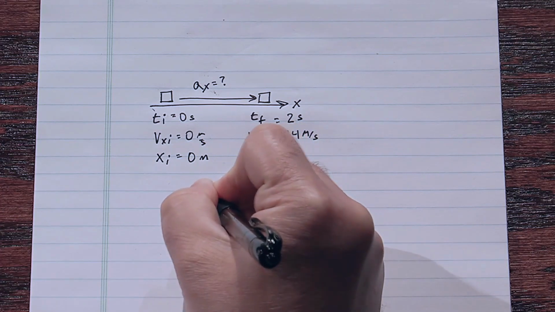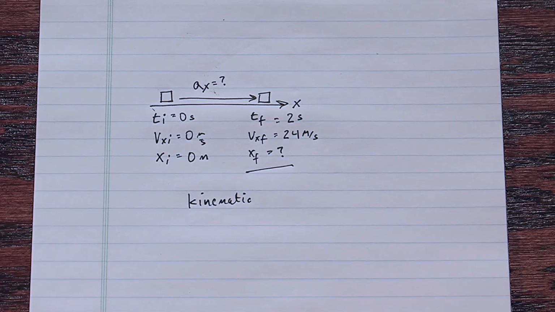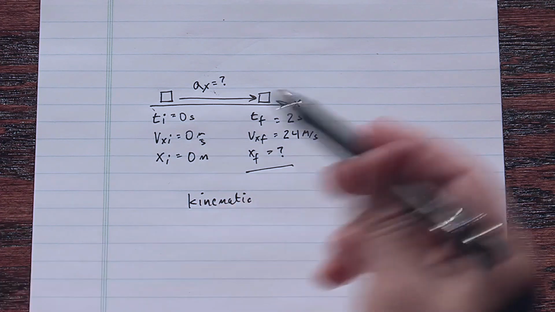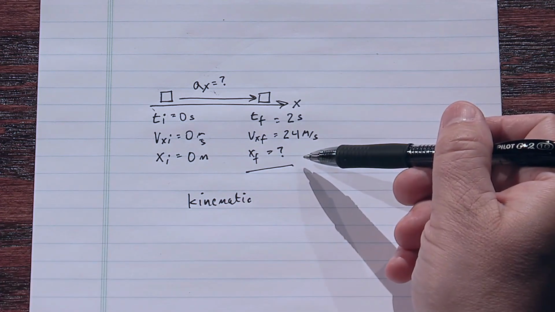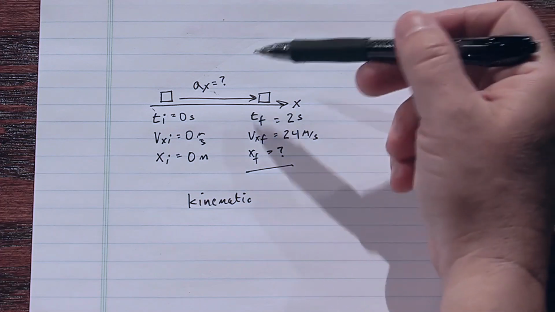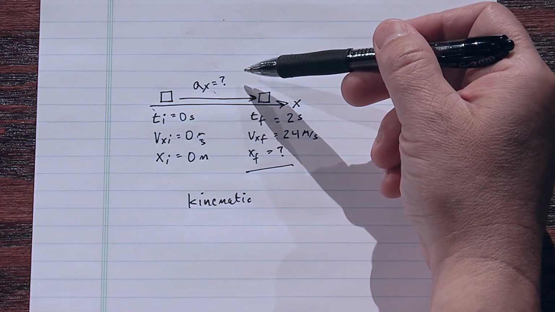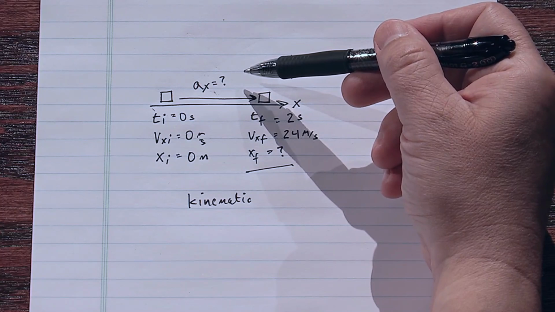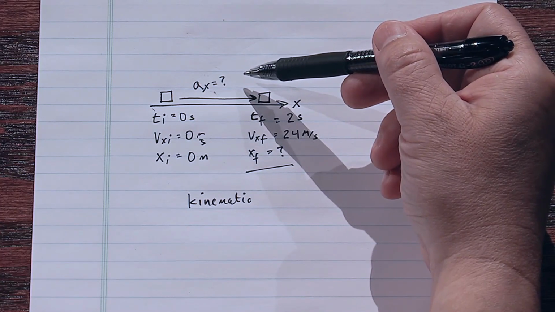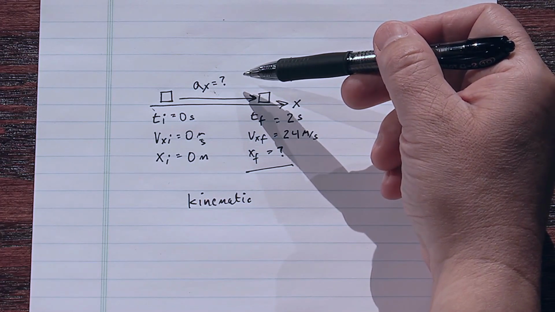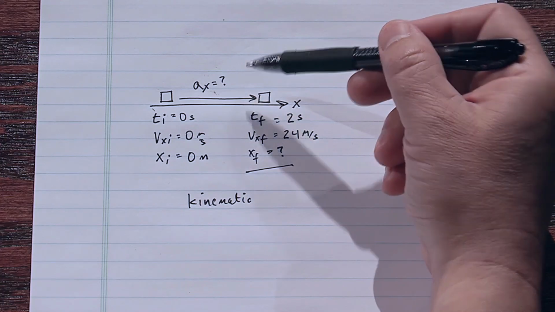And we have to choose our starting equation. We remember that we choose our starting equation based on what we don't know and don't need to know. Well, we don't know x final, but we need to know x final. We don't know the acceleration in the x direction, and we don't need to know that. So we're going to choose our kinematic equation that doesn't have acceleration in it.